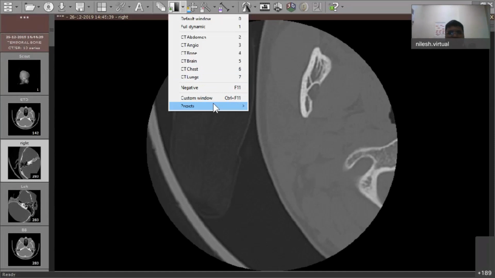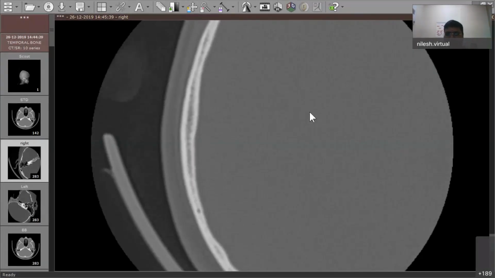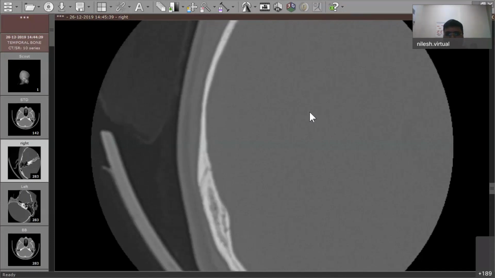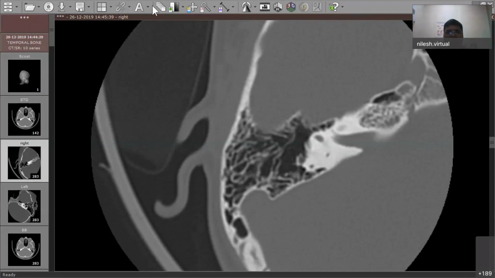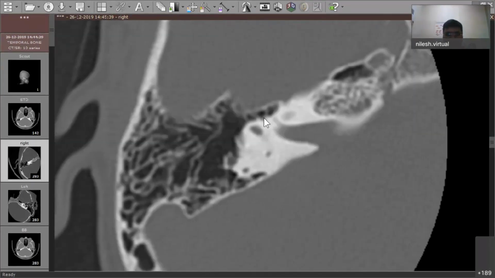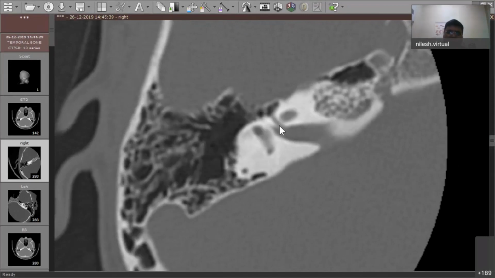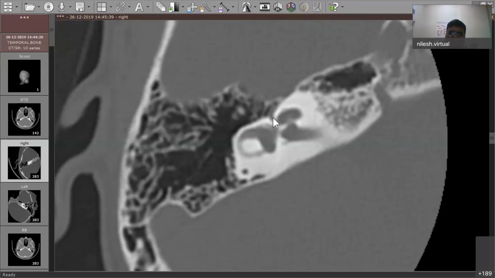Okay, you'll see one side only, because the opposite side also has the anomaly, so you cannot compare. So go and find the internal auditory meatus. So this is the internal auditory meatus. Labyrinthine segment. Then the facial nerve is taking a turn.